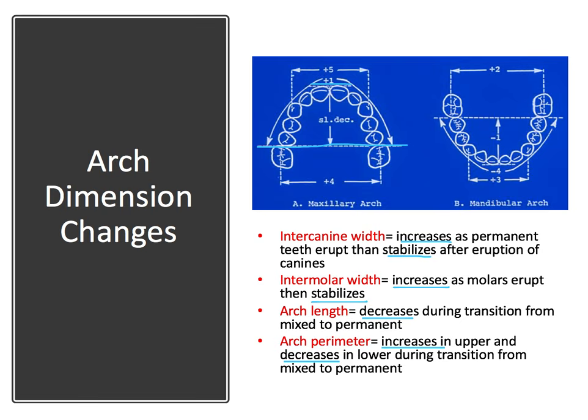And because of that, more leeway space in the lower, we're getting an overall decrease in arch perimeter, whereas in the upper, we don't have quite as much leeway space lost, so that ends up being a net increase, mostly due to those canines erupting laterally to increase arch width. So that is the 4 main arch dimension changes to keep in mind for the board exam.